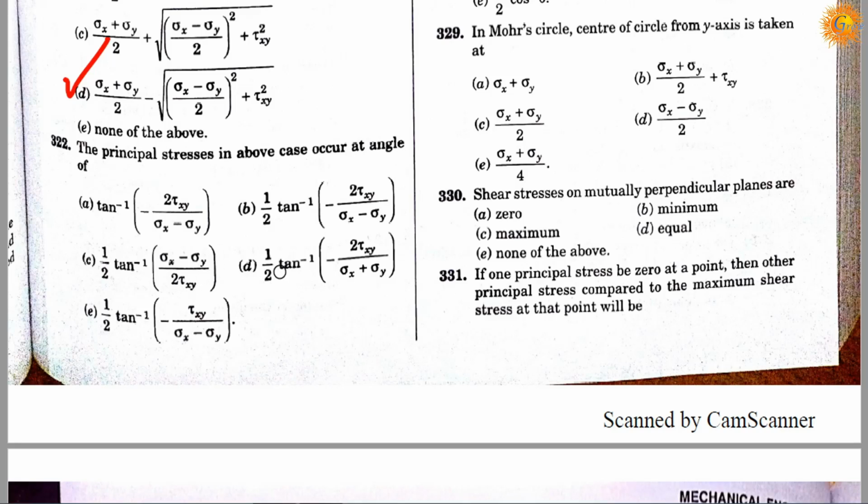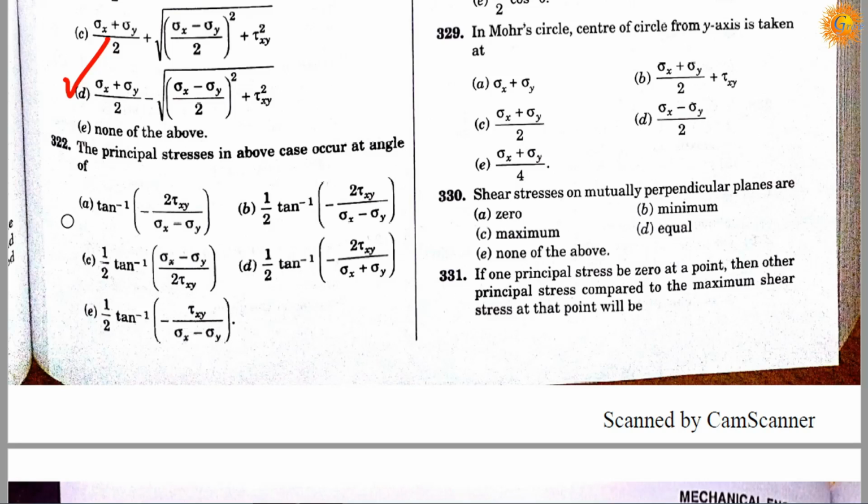Option D is half tan inverse, in the small bracket minus 2 tau xy divided by 2 sigma x plus sigma y. Option E is half tan inverse, in the small bracket minus tau xy divided by sigma x minus sigma y.